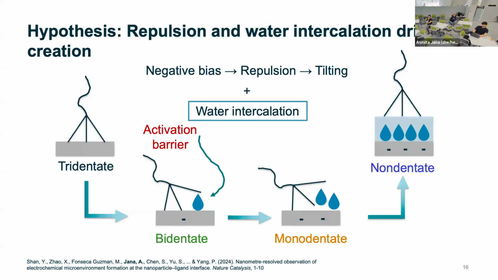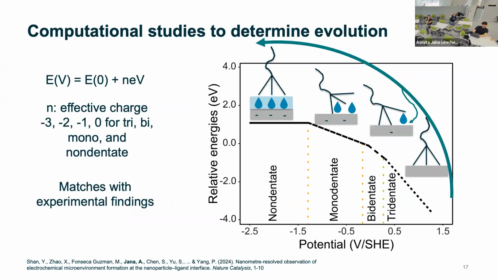So that's our hypothesis. To really show that this is the case, we ended up plotting an energy map as a function of potential. I got the energies of all of these structures. I assumed that the energies are linearly proportional to the applied potential. And then I found the places where these particular structures are stable as a function of potential.